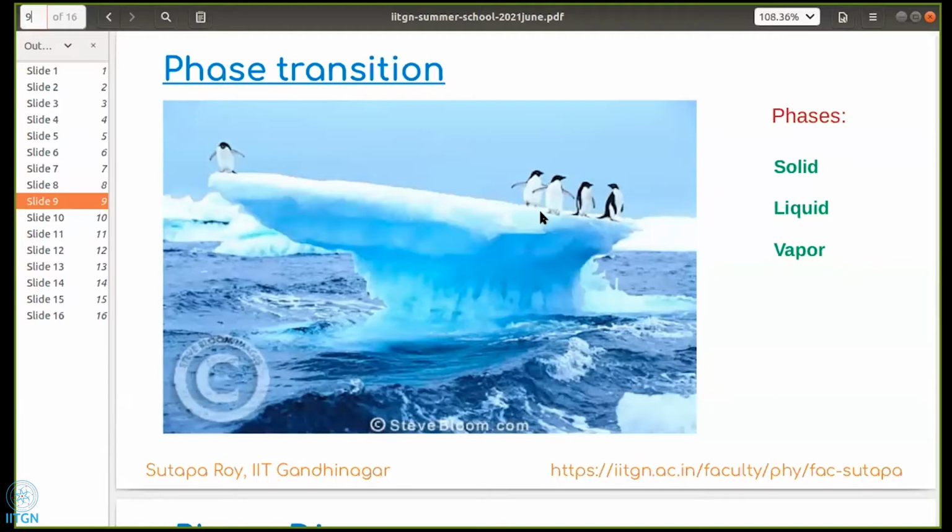And if you change the temperature, it goes into an ordered phase where all the spins start aligning in a certain direction. So that's another example of a kind of phase transition, which we will come to. But for the time being, let's first just focus on the simple liquids, okay?